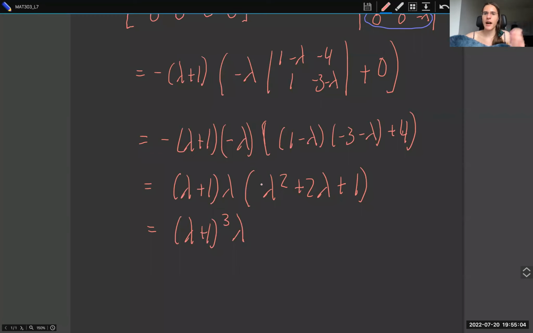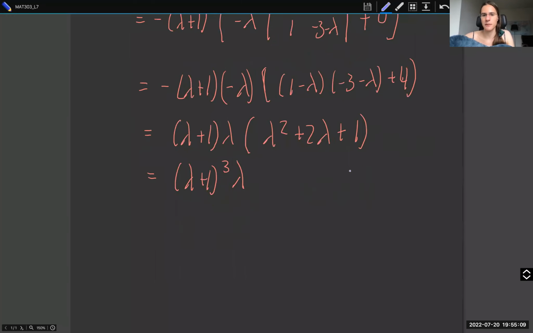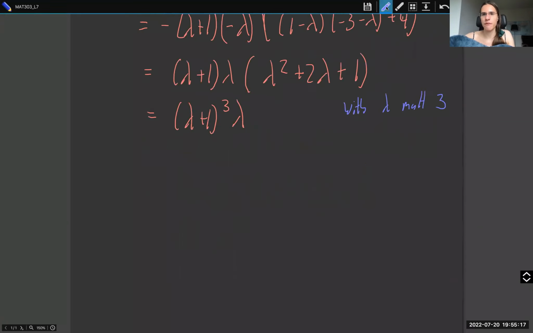With lambda multiplicity 3, you can get one of 3 things. You can get 3 eigenvectors, right? So you can get V1 gets sent to 0, V2 gets sent to 0, and V3 gets sent to 0. That's possible, right?